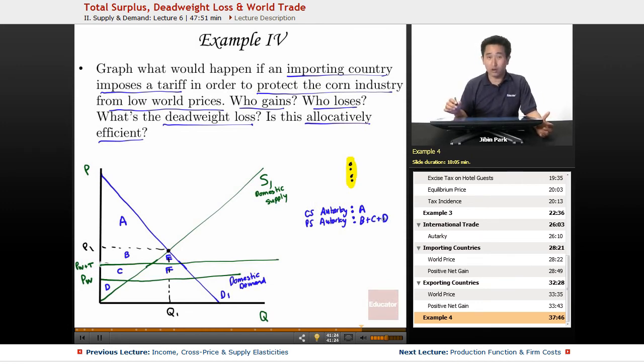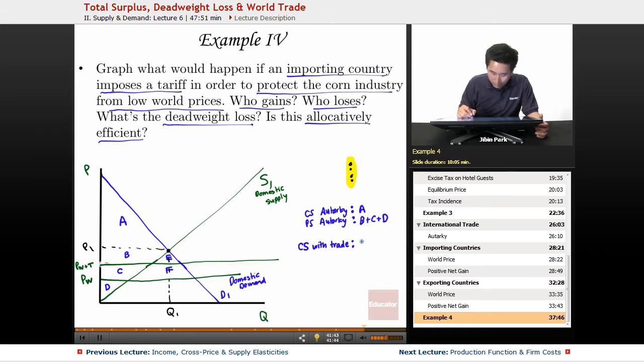With trade, so when you let the free markets reign and you let the world prices dominate, the consumer surplus with trade, so there's no tariffs whatsoever, go ahead and use red for this here. So there's no tariffs.